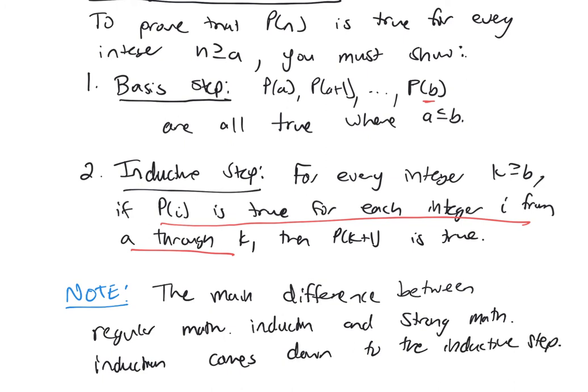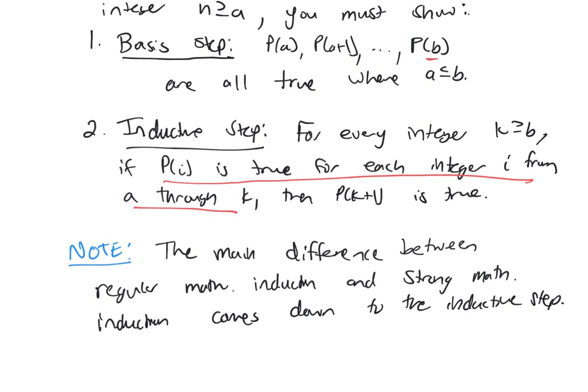The basis steps are very similar. You're showing that the formula is true for one value with induction or multiple values with strong induction, but the main difference again comes down to this inductive step. In regular induction, you get one assumption, but here you get many more assumptions.